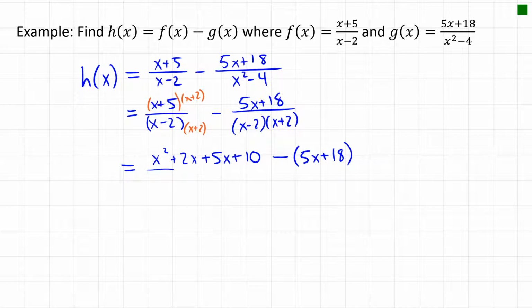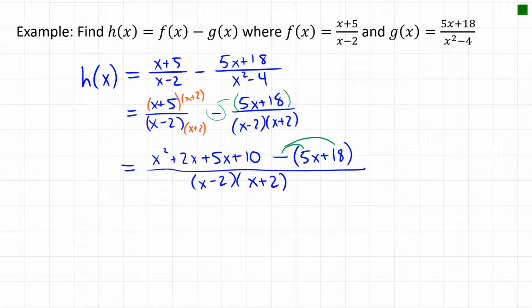So again, I'm just showing you slight alterations in how you can demonstrate that subtraction of the second fraction. X minus 2 times x plus 2. So this time what I've done is I've taken this minus and I've applied it very directly to the whole numerator just by writing it as minus 5x plus 18 all together.